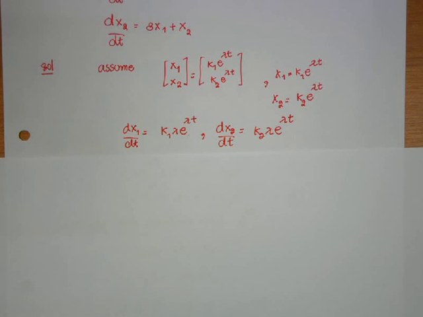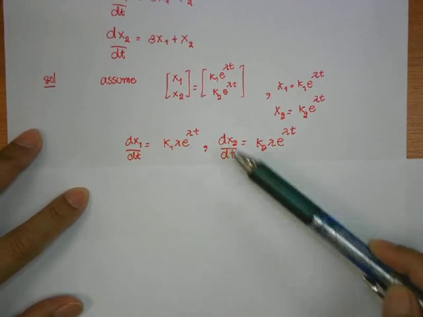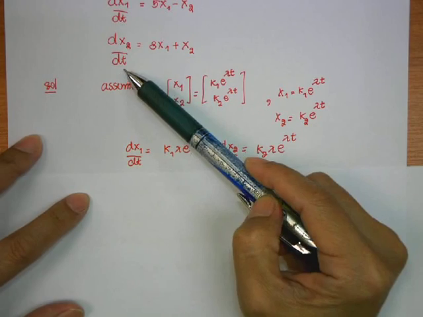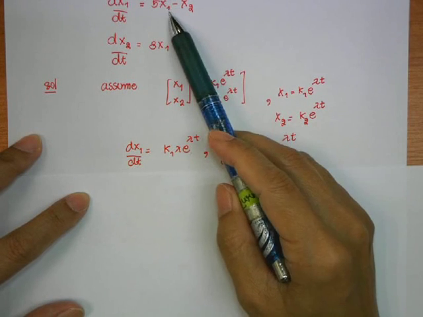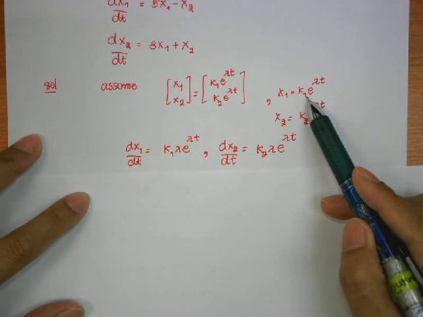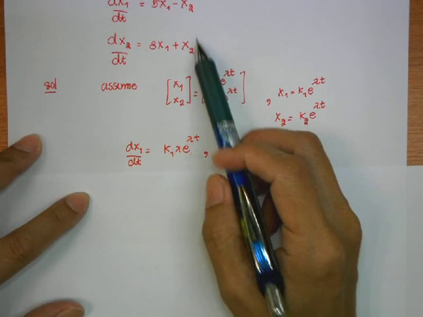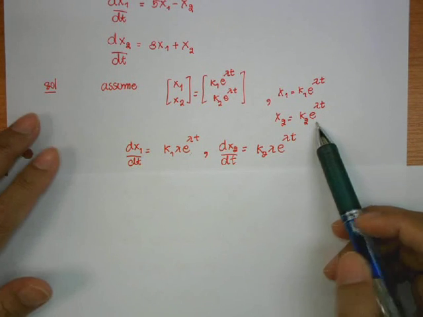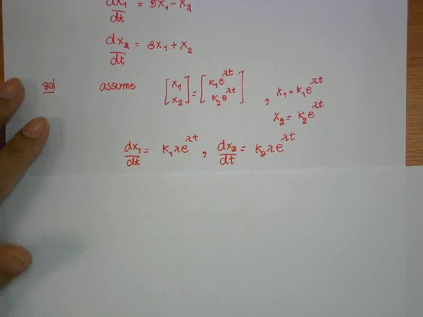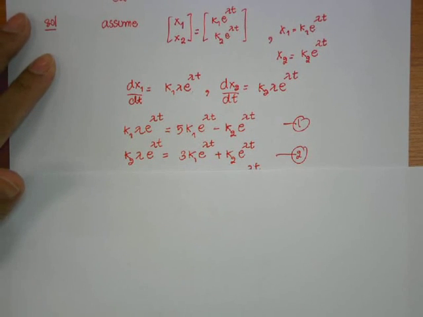And then we plug these two terms back into our differential equation up here. We replace our x1 equal to k1 times exponential of lambda t and our x2 equal to k2 times exponential of lambda t by plugging them back into the linear system. So we will get this equation.